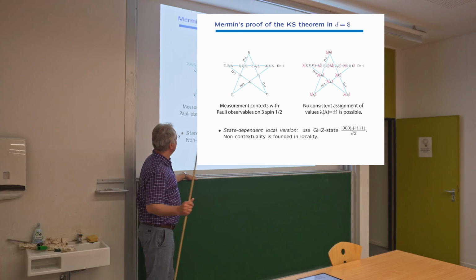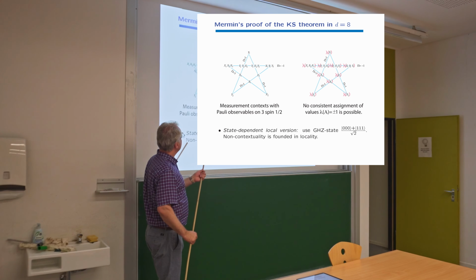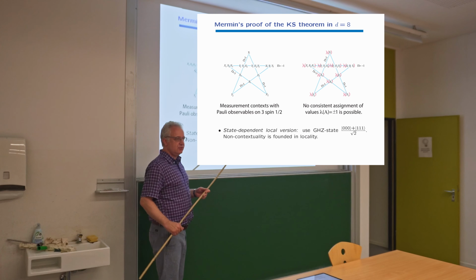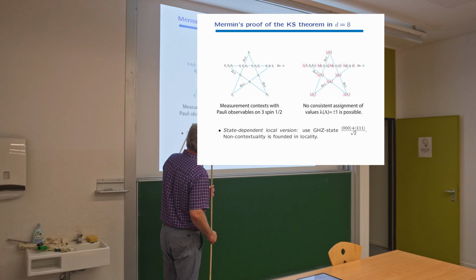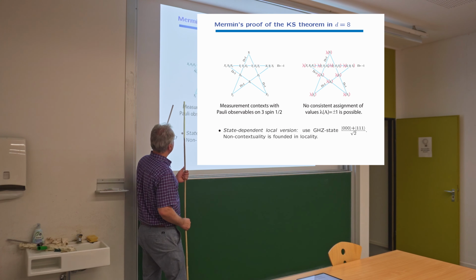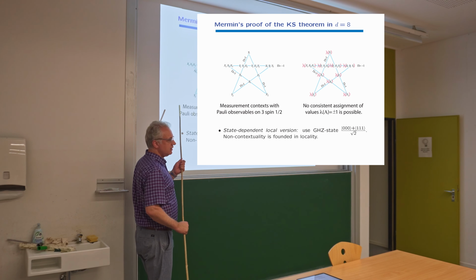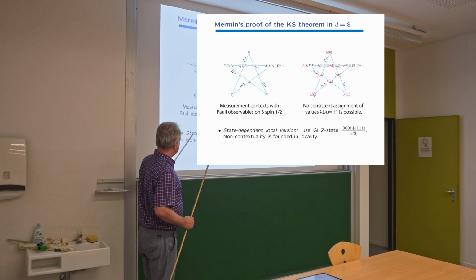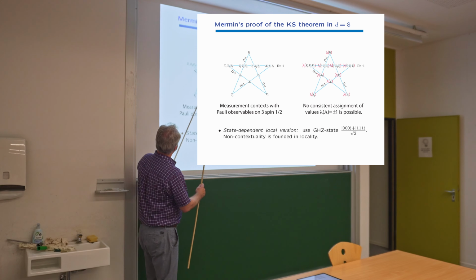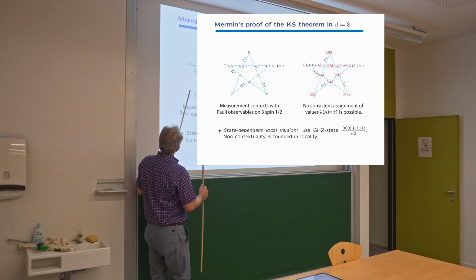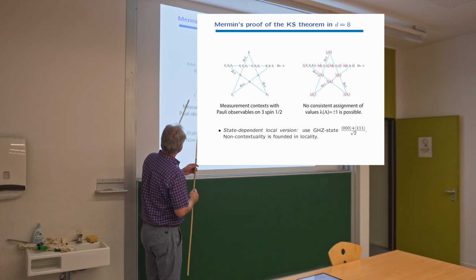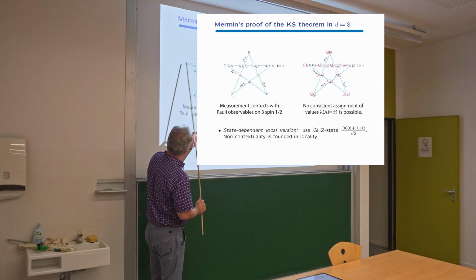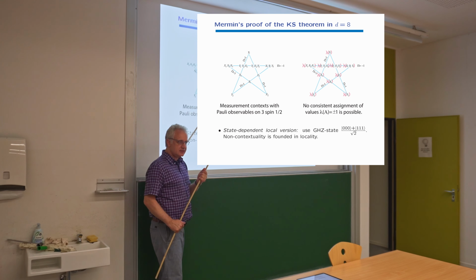Yeah, but Mermin wanted this connection between contextuality and locality, and that's why he went from dimension 4 to dimension 8. So I think you've seen it, probably talked about it in the lecture, and you also saw it in the homework assignments. This is the star, and it consists of 10 observables arranged in 5 contexts.